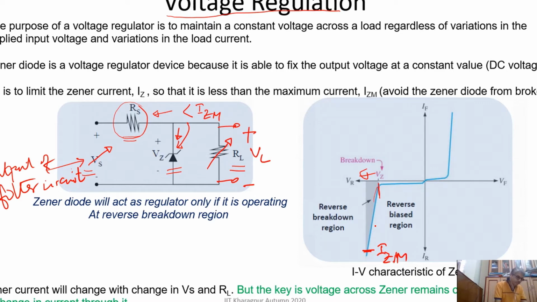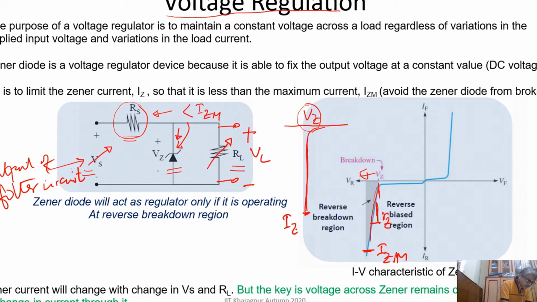But the key point is in this breakdown region, although I have drawn it like this, in reality there is a slope, and you can find out RZ associated with the Zener. I am not considering that RZ at the moment, but when you solve problems from books, you will see some problems mention the resistance associated with the Zener diode while it is in the breakdown region. But what I want to point out is that in the breakdown region, this slope is very steep. In other words, we usually consider VZ constant once the breakdown occurs.